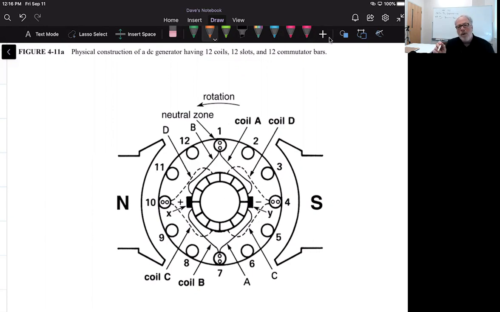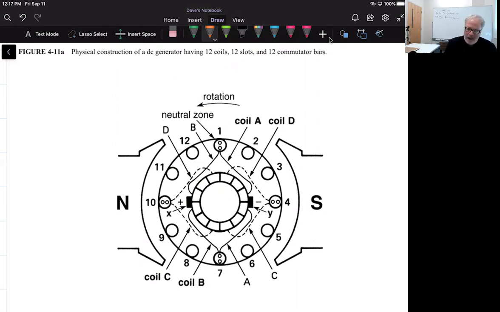If you've got 12 coils, then they have to be laid into slots in the armature, so there'll be 12 slots to match the coils, one for each side, and they're overlapped, this lap winding approach. And then each one of those coils has to be connected to the commutator. So there's 12 commutator bars to match that.